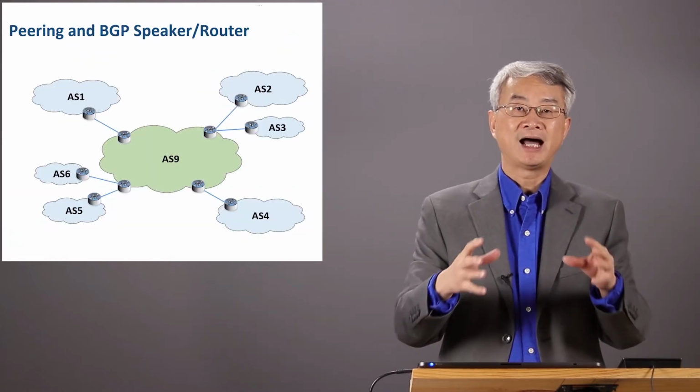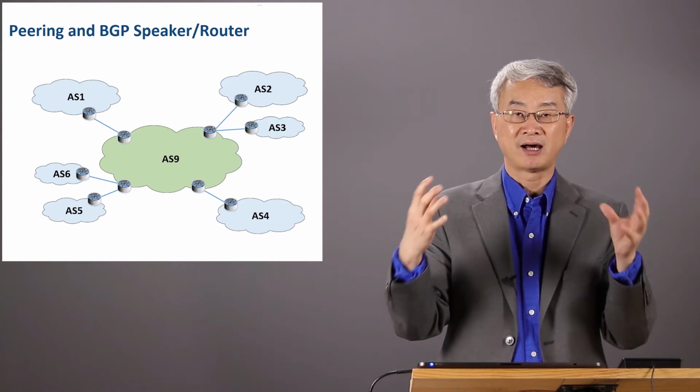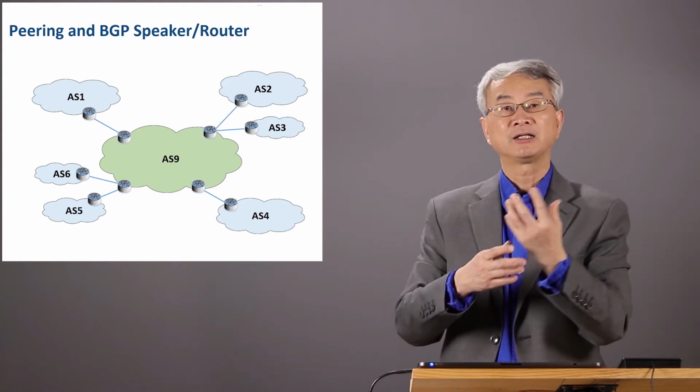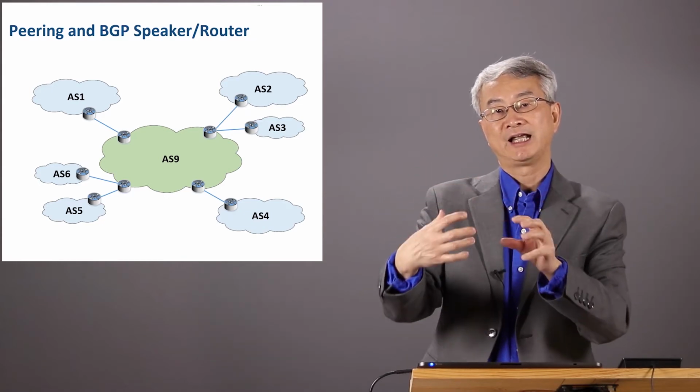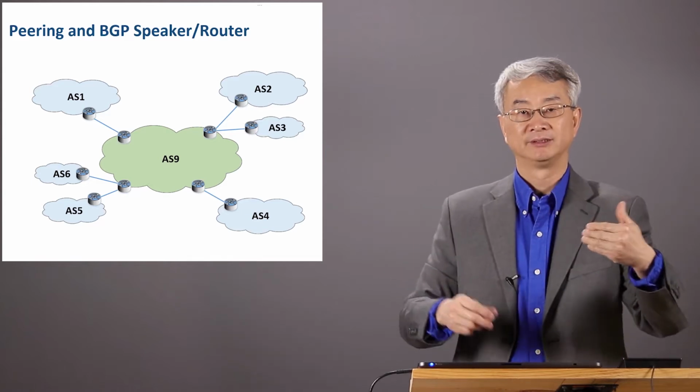Let's look at how those autonomous systems are connected. We have talked about it before. When they get connected, it's called peering.